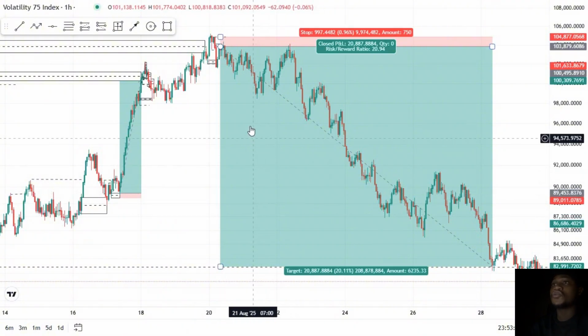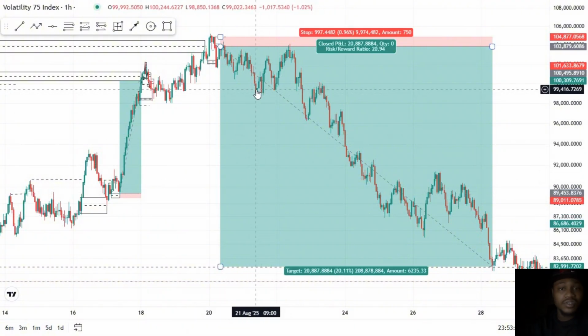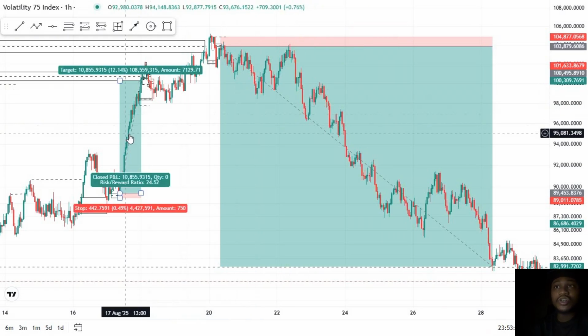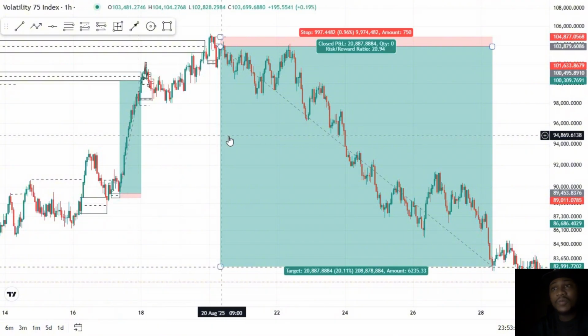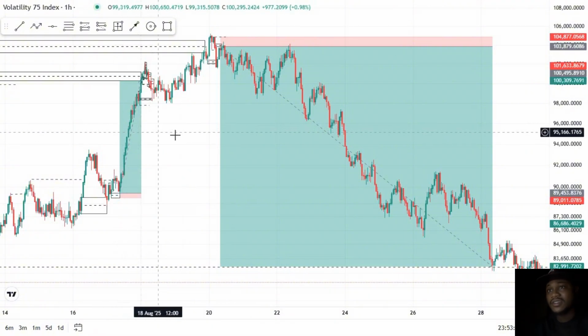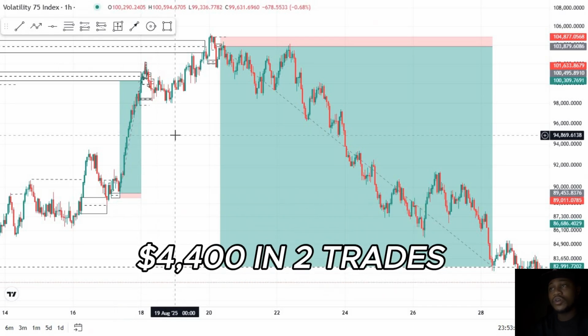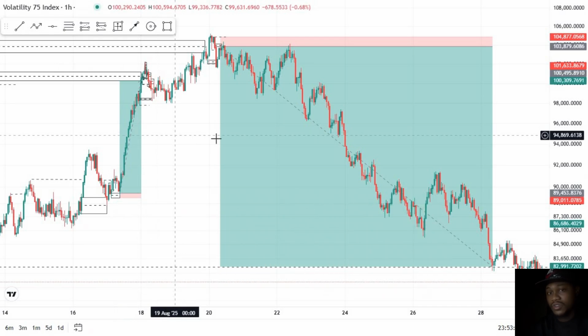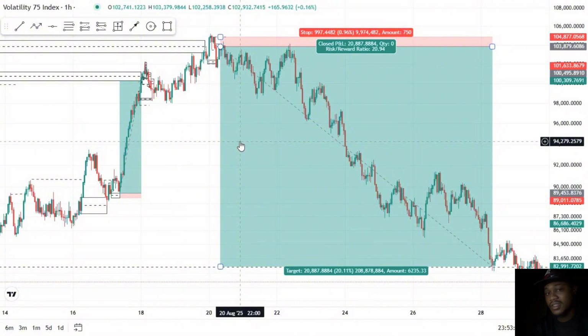Because on this one trade, if you risk $100, you're going to make $2,000 from this trade alone. If you risk $100 here again, you're going to make $2,400 from this trade. How much will that be? That will be almost a $4,400 trade for you. But not all prop firms offer this type of thing, not Deriv.